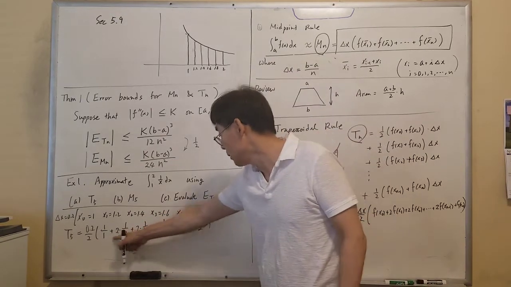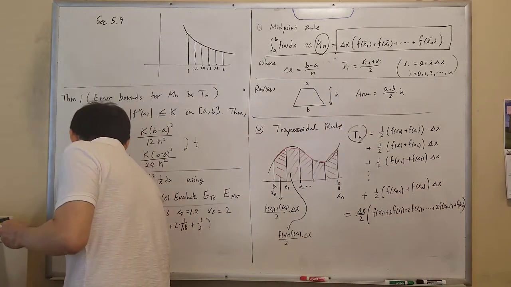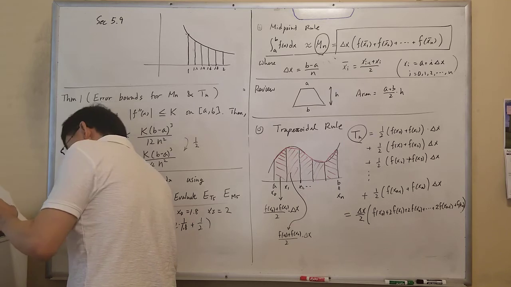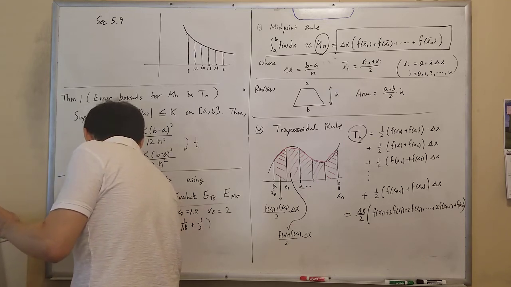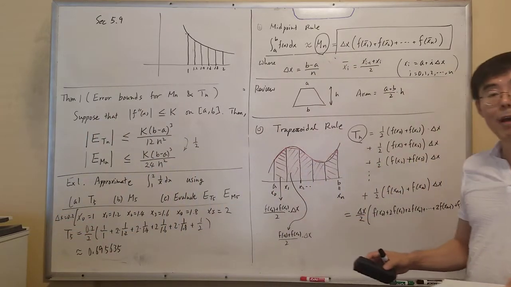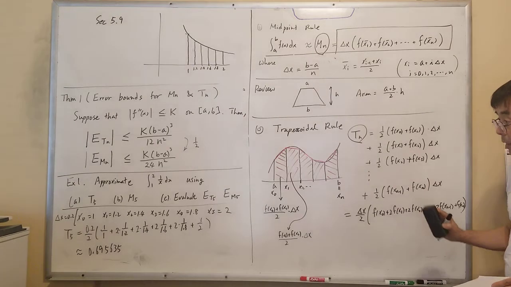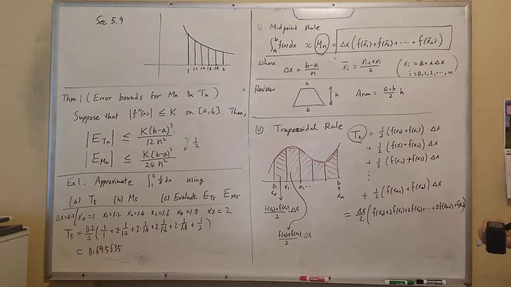So 0.1 times the sum of these. If you do that, you're going to get about 0.695635. Okay? So that's the approximate value of the integral using the trapezoid rule.